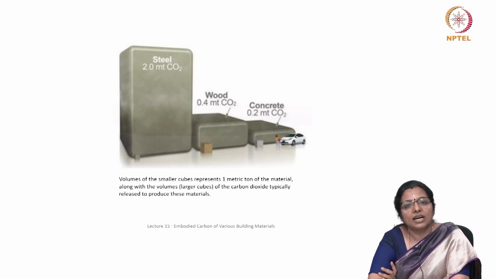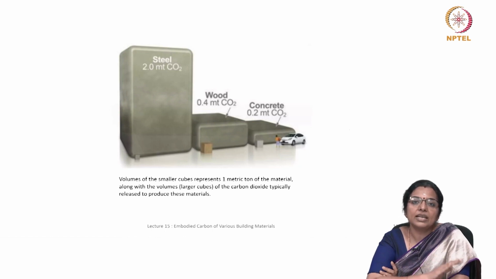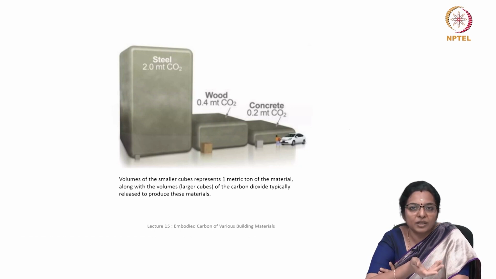So in this class we saw the embodied carbon and carbon dioxide emissions of various building materials, especially in the Indian context. We also saw the contributing factor, whether it was at the manufacturing stage or transportation stage or on-site stage of various building materials.